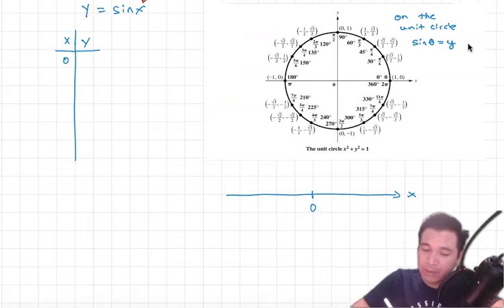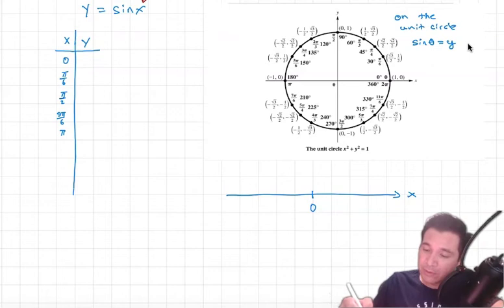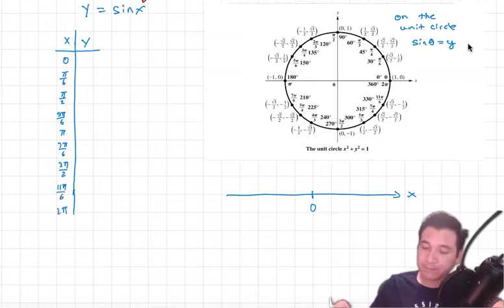What I'm going to pick here is I'm going to pick pi over 6. I'm going to pick pi over 2. I'm going to pick 5 pi over 6, pi. All right, the next one is going to be 7 pi over 6, 3 pi over 2, and then I'm going to pick 11 pi over 6, and then 2 pi.